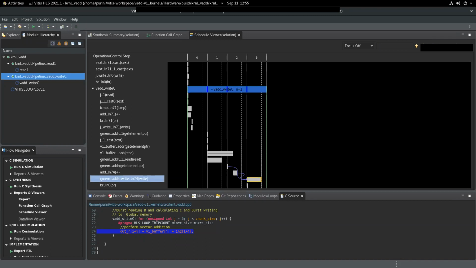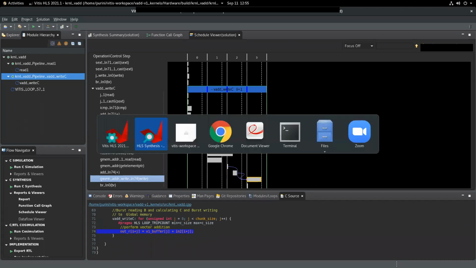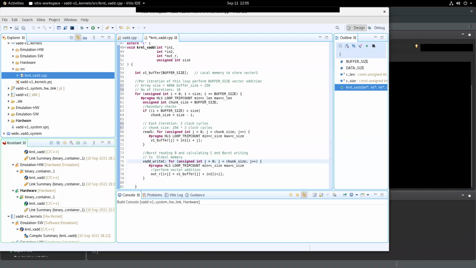Now one thing is in this design, we are reading one element at a time from the global memory. So let's go back to our whiteboard. Now we are reading 1 element at a time from the memory.